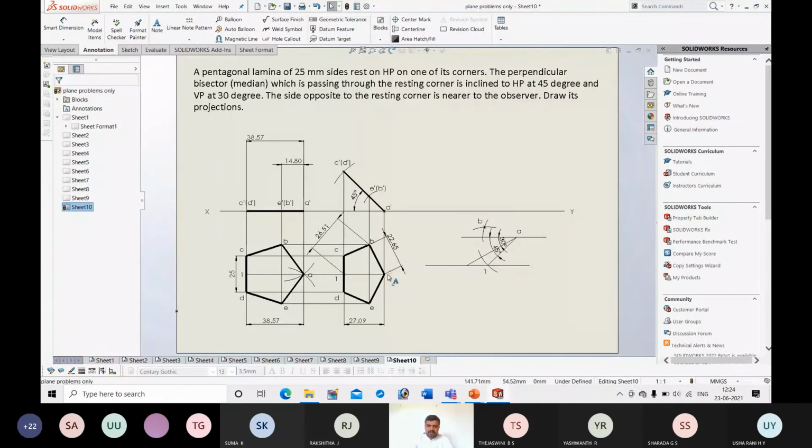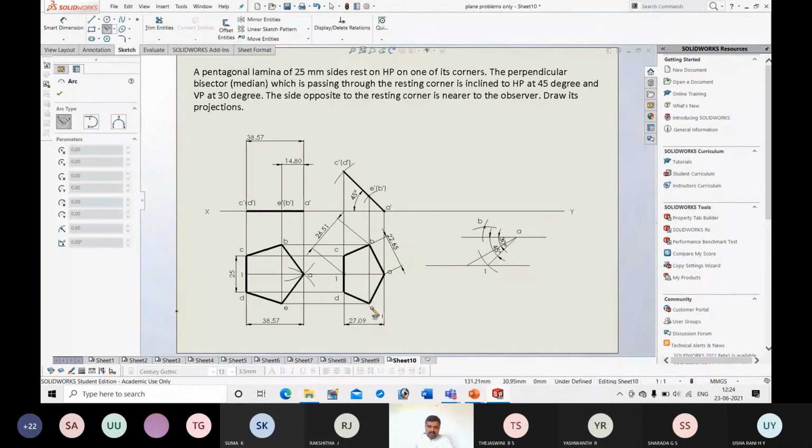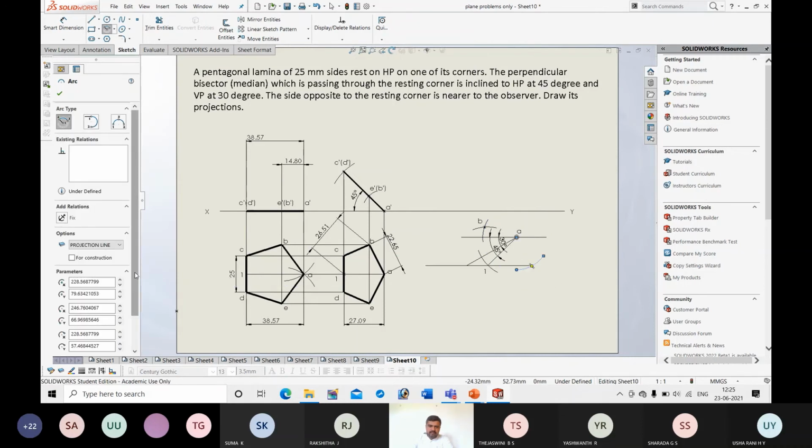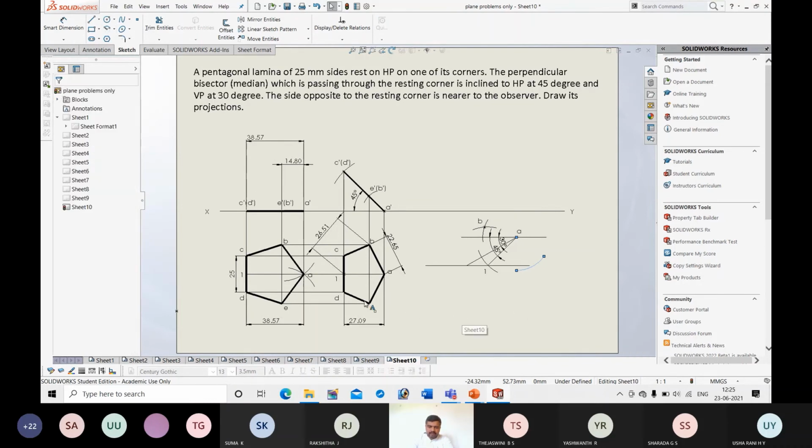Next, similarly, A to B and A to E both have the same radial distance. So I will try to get point E. From A as center, with A to E as radius, sorry, 22.65, I will draw an arc. Next, the radial distance between 1 to B and 1 to E are both the same.